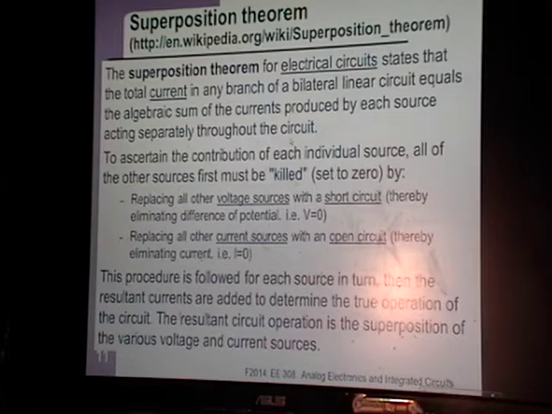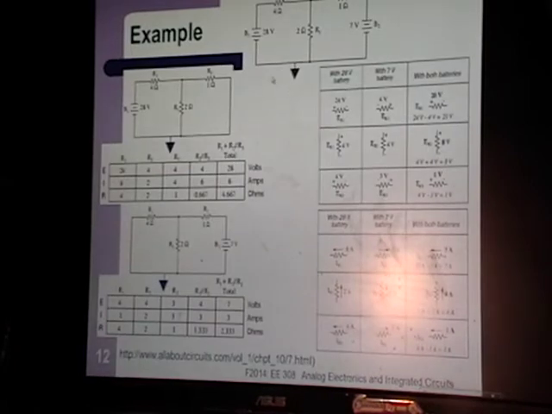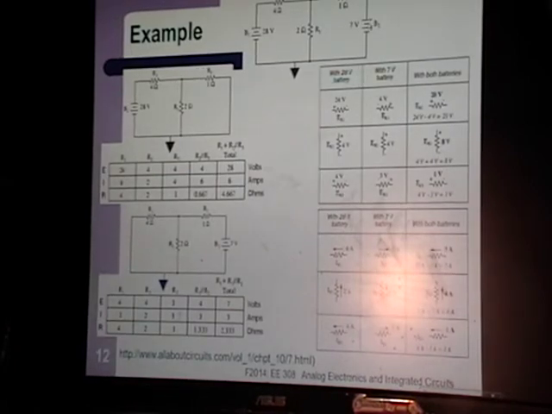The superposition theorem says you zero all but one source, figure out the currents and voltages at the nodes and through the branches, and then you zero out all but another source and do the same thing. Then superposition says that if everything was linear, you can just add those currents and voltages, and you get the voltages and currents of the actual full circuit with both sources in.